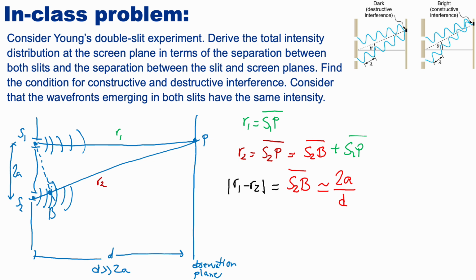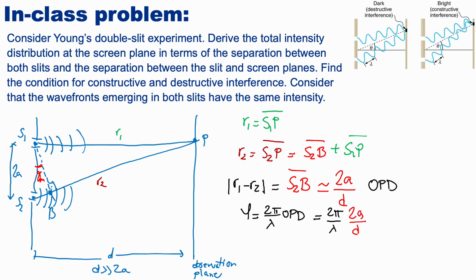So what we are seeing here is this distance delta, our divergence angle, and this is going to be our optical path difference, right? So we know that the phase is 2 pi over lambda times the optical path difference.